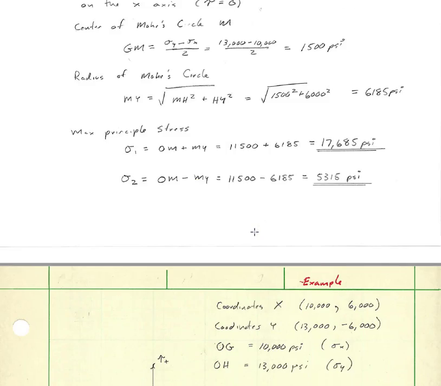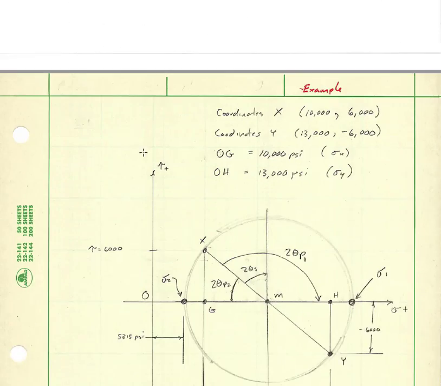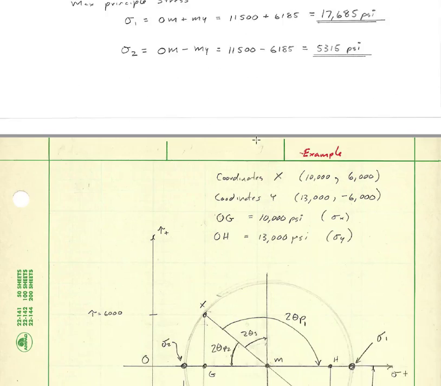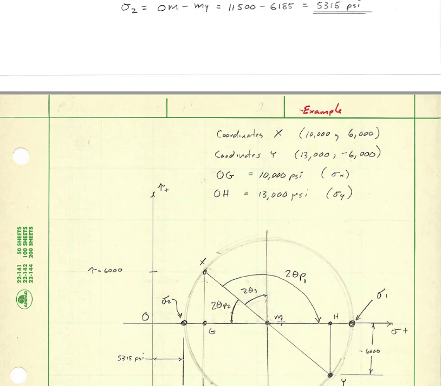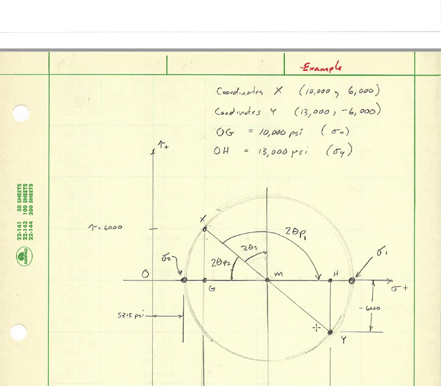Okay. Now that we have that, we can find the radius of Mohr's circle, and that would be the distance from M to y. This M to y is really just using this triangle right here. M to y is the hypotenuse.